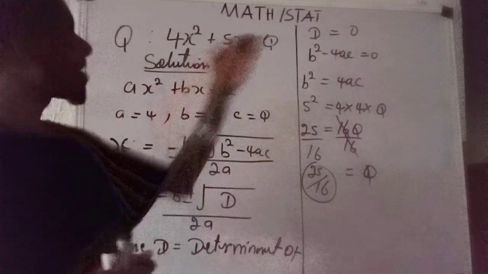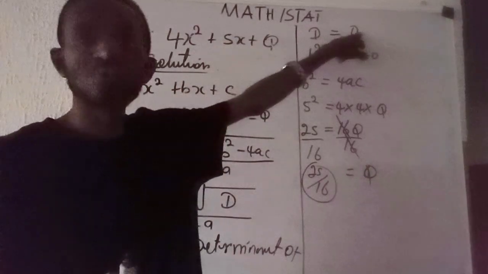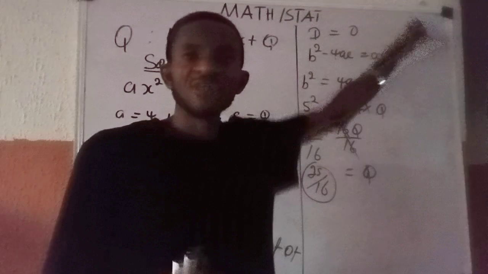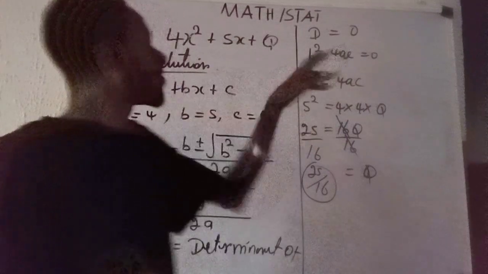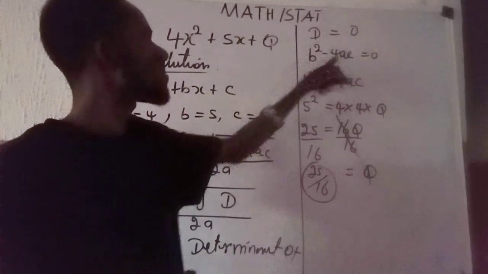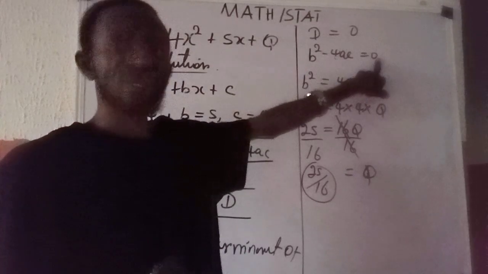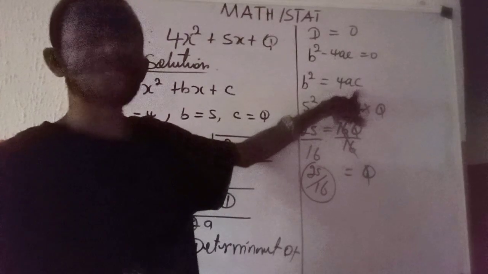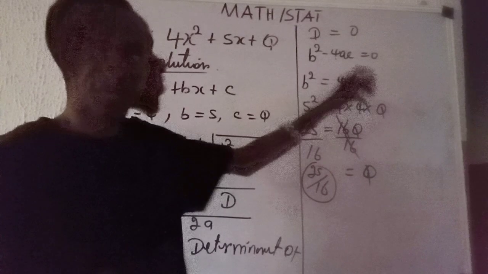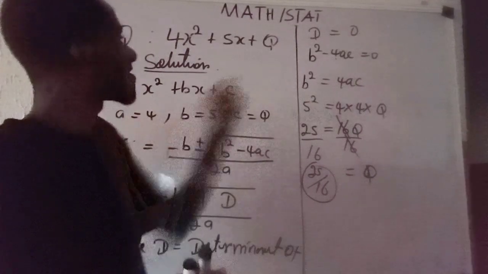So because of that, we now say D equals zero makes the expression a complete square. And we know that this D is b squared minus 4ac, equal to zero. Taking this 4ac over there, we have that b squared is 4ac. So let us now substitute the values into here.